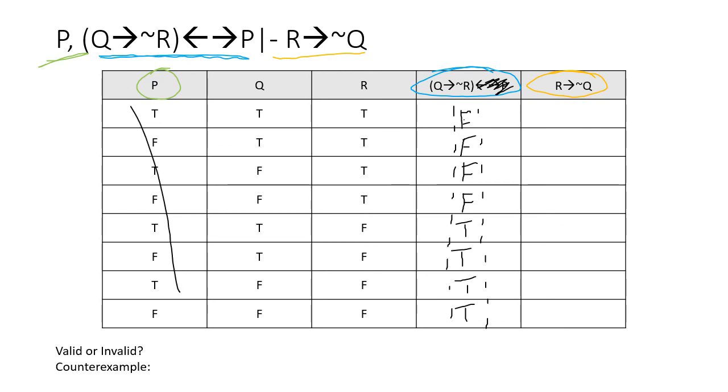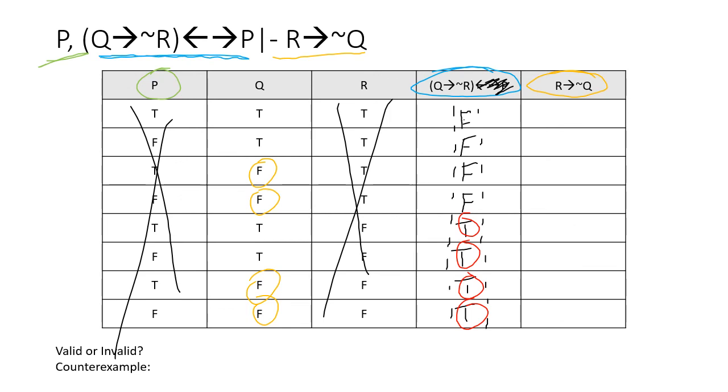Our Q is our left side, so where's our left side? False. That's where our left side or our antecedent's false. Where's our right side? True. It's true in all those situations. And so it's going to be true here, here, here, here, here. And in these situations, it's going to be false.